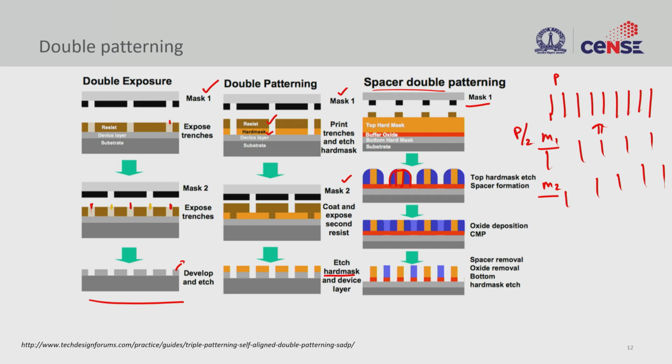So we will see this in dry etching, how to achieve these things. So I get this spacer done and then I remove whatever material I had as a sacrificial layer, and then you can take this pattern and then planarize it and then remove all the sacrificial layer, and then I should be able to get a denser pattern here. So this is spacer defined double patterning.